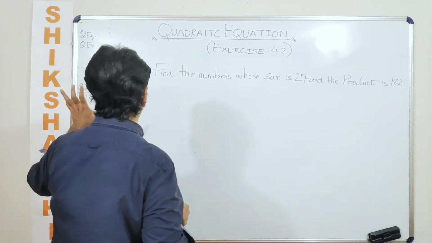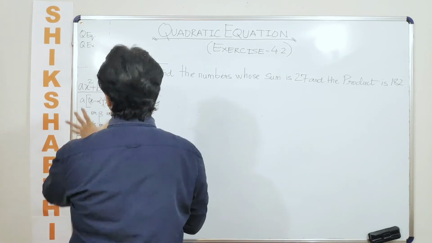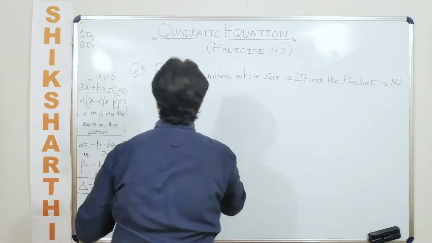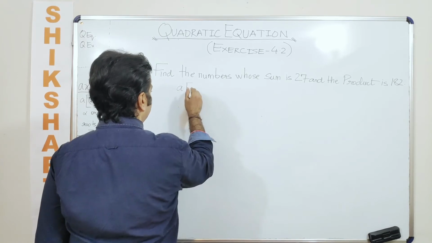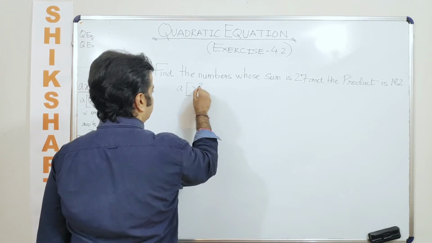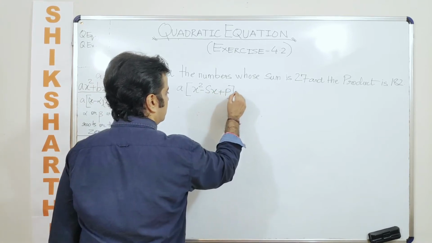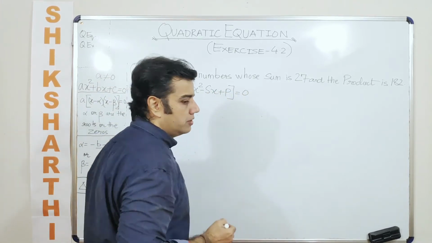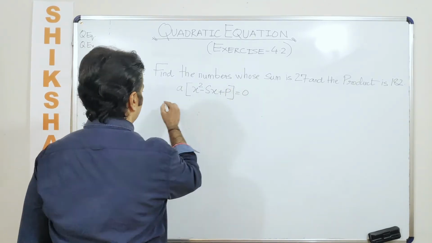But first we will talk about the basic way. This is a quadratic expression. How do I write down the quadratic expression whose sum is given to us? This is what we talked about in our theory videos.